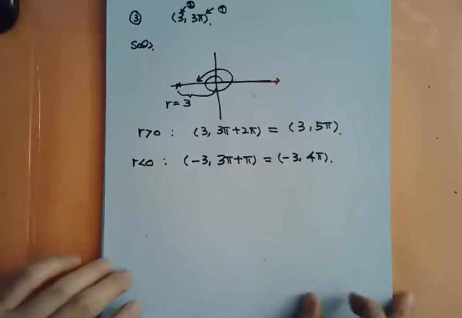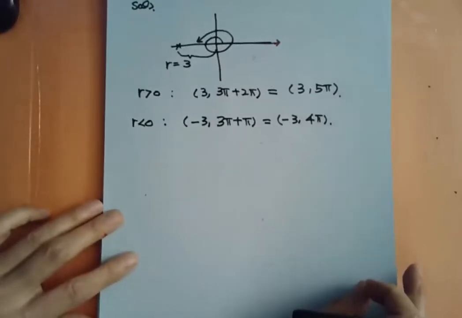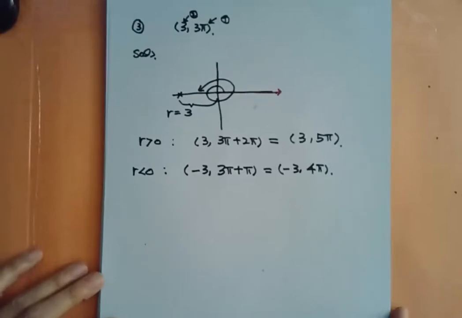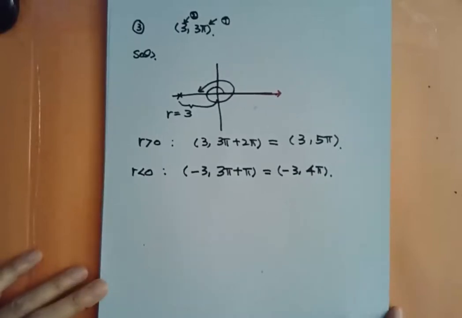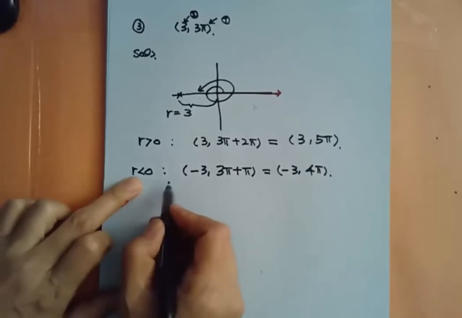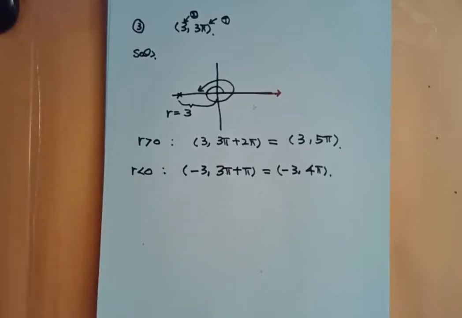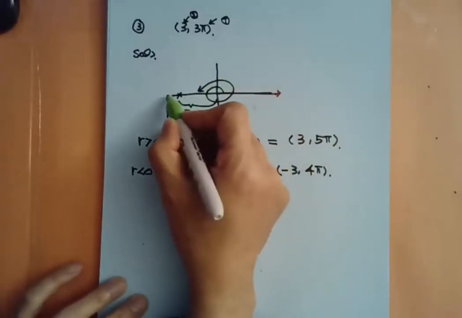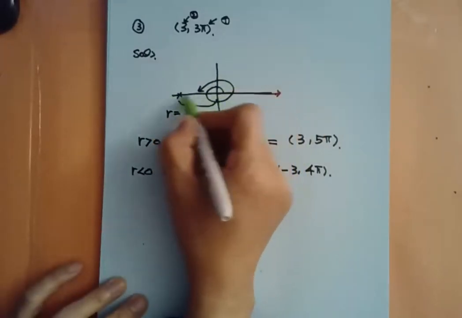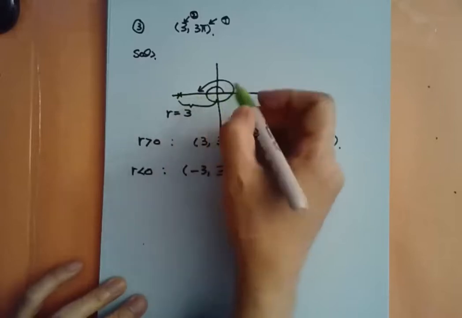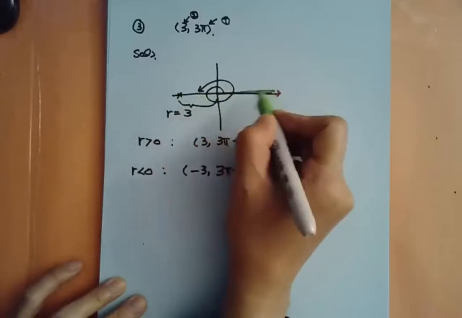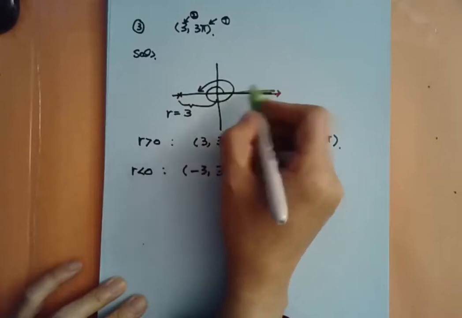Let's do the next problem. Why did you add 2 pi to the first one, but only pi to the second one? So r is negative, right? Okay. So that comes from the negative, opposite angle. So in this case, the angle is located here, on the negative axis, and so this must be on the positive x-axis, right?